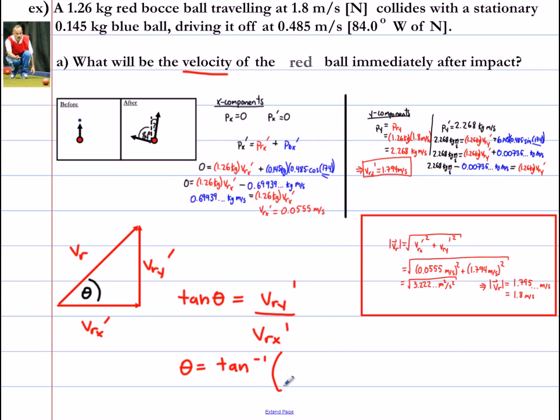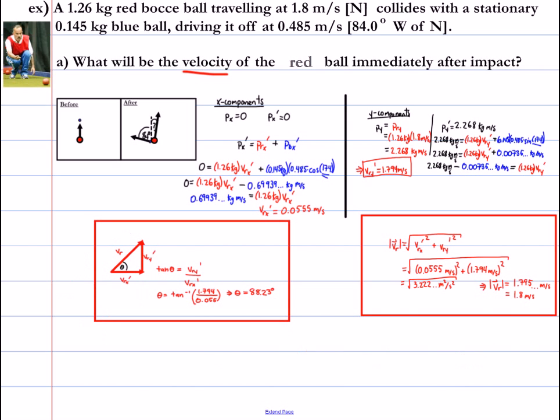So we take the inverse tan of that ratio. From what we found before, 1.794 divided by about 0.055. I've got these values stored in my calculator. So anyway, we get theta is about 88.23 degrees.